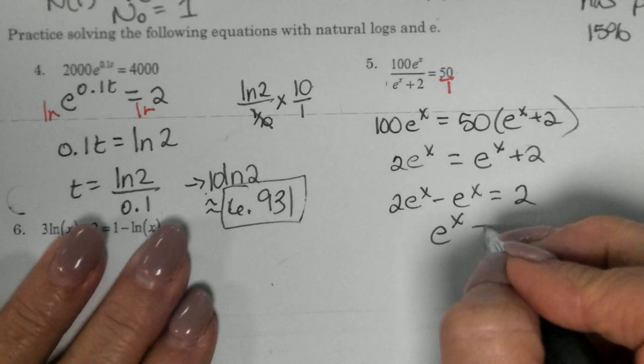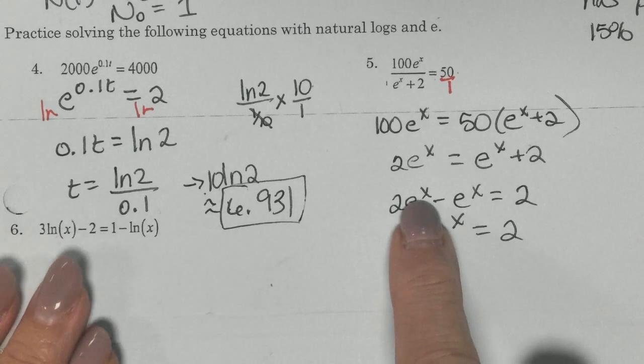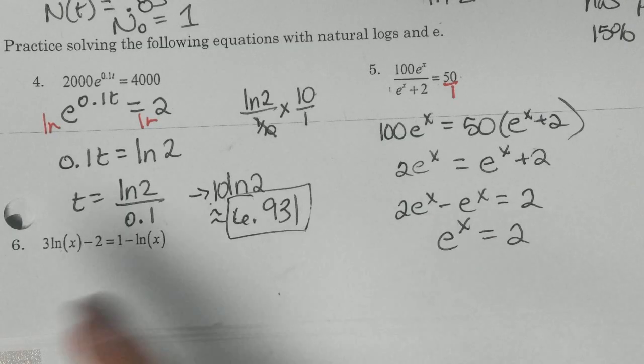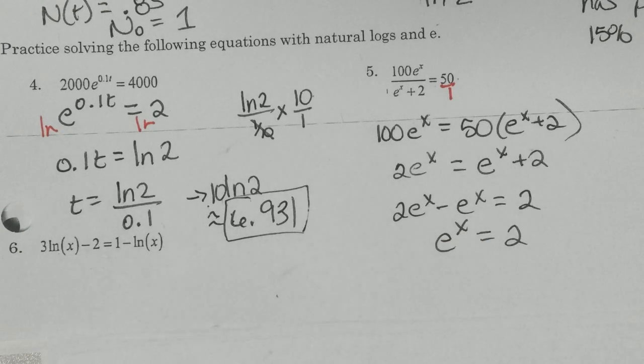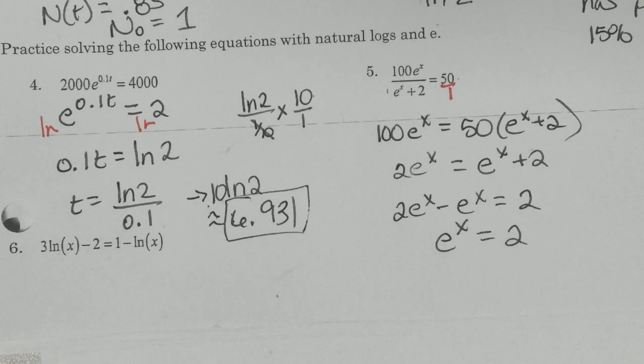It would just be e to the x equals 2. Because your base is the same and your exponent is the same, it's 2 of something and you're taking away 1 of it, so you're left with 1 of it. Okay? It looks a little foreign because you've got an e and it's to the power of x. But because these are exactly the same, you can add and subtract like terms. And that's all we did, was subtract those.